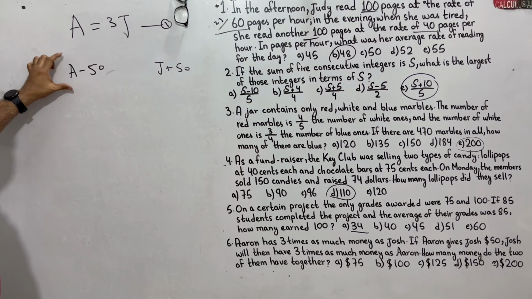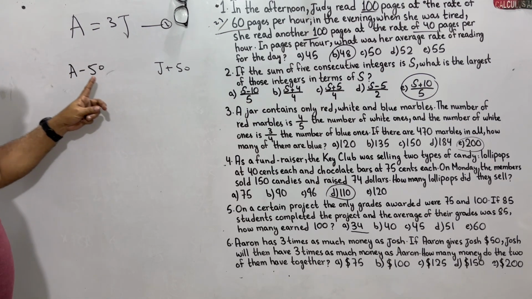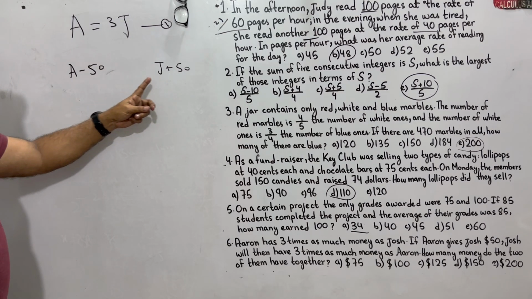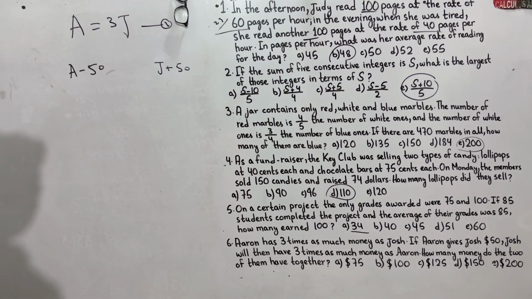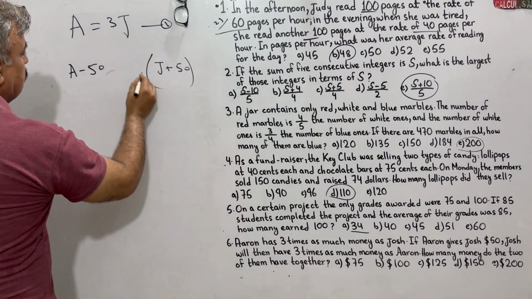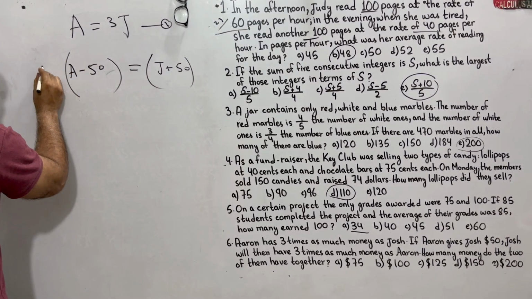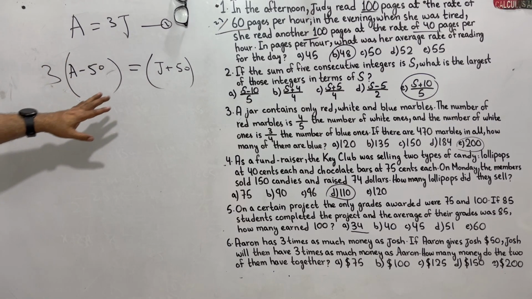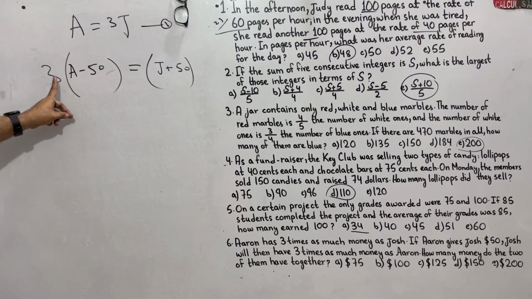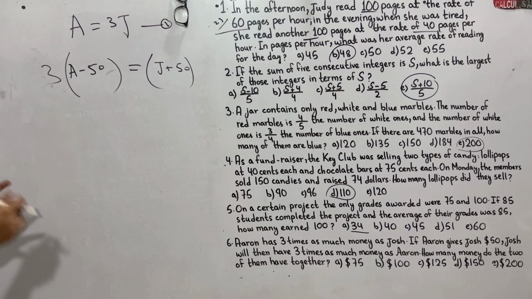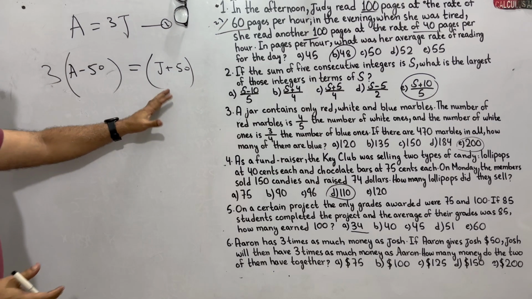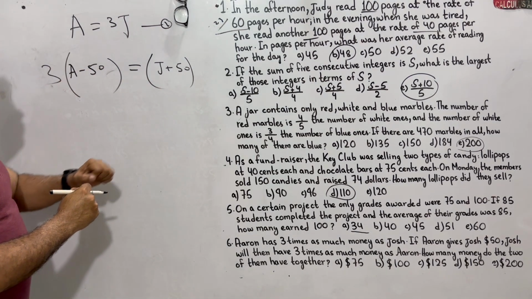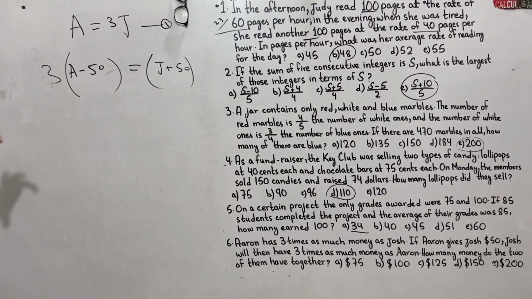After Aaron gives away $50 and Josh gets $50, Josh is going to have three times the money Aaron has.